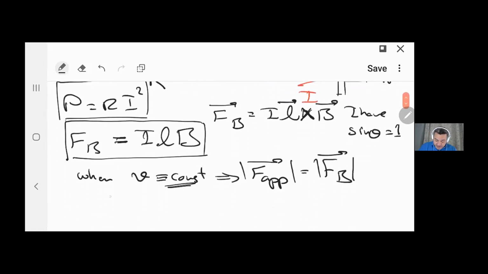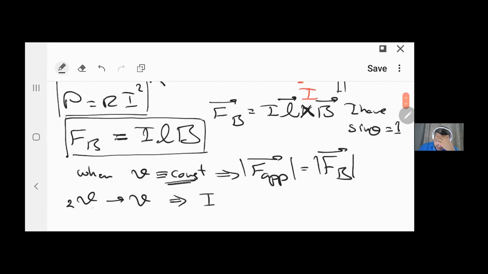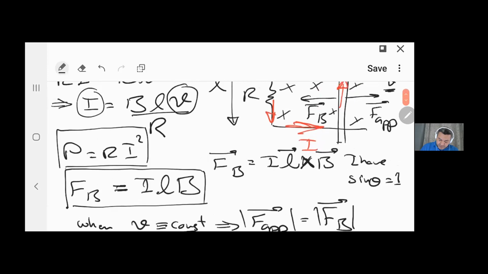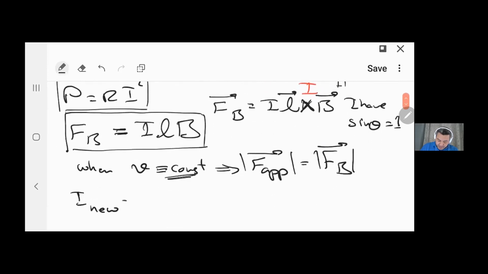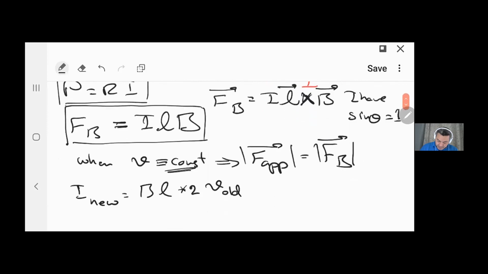So if I substitute 2V in V, this way my current, let me put it this way, I new equals B L times 2V old divided by R. This means I new will be 2I old.